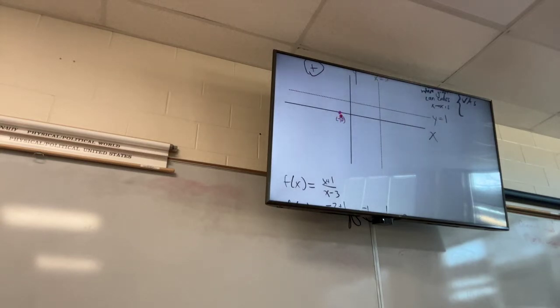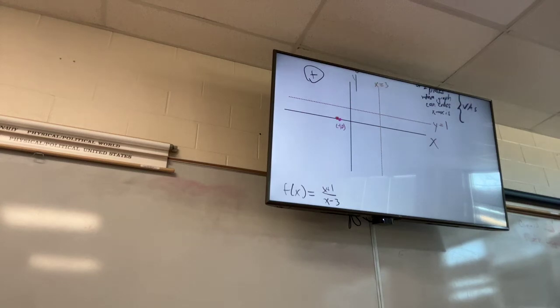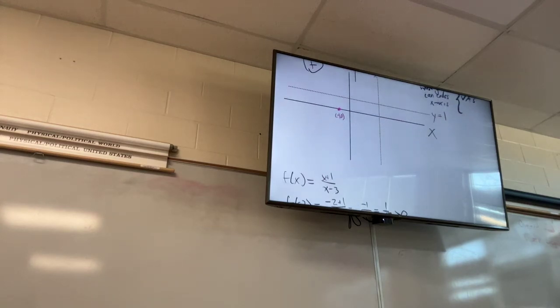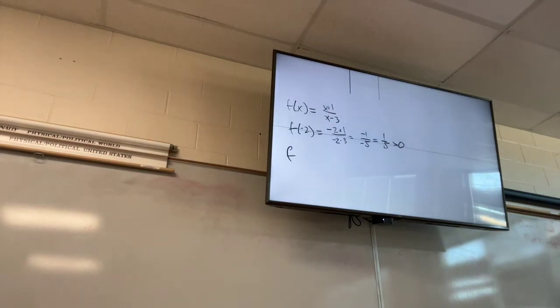And then after my first 0, I'm going to go to the next region, the region in between my first either 0 or vertical asymptote and my next either 0 or vertical asymptote. So -1 to 3, plug in a value from there. I'm going to plug in 0. F of 0 equals 1 over -3, which is less than 0. Okay?